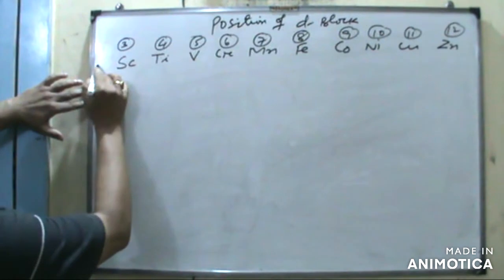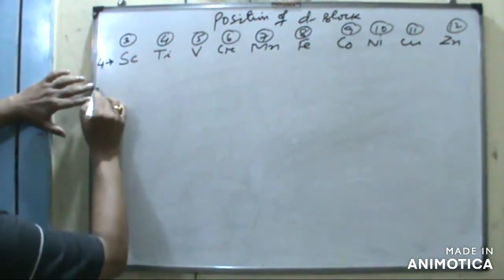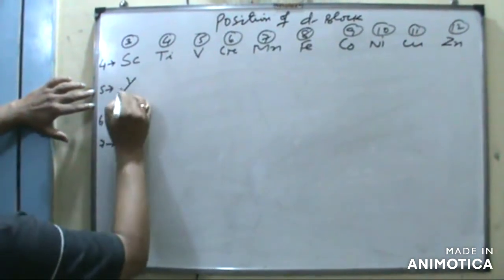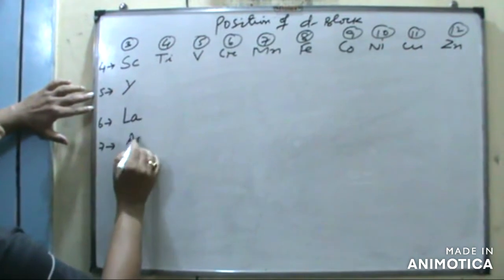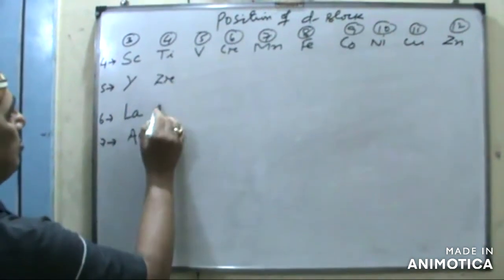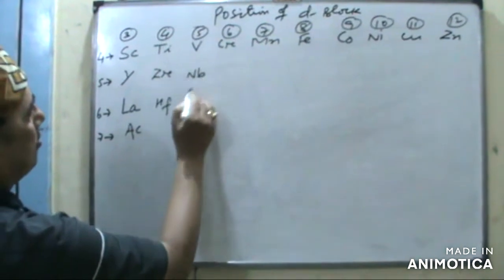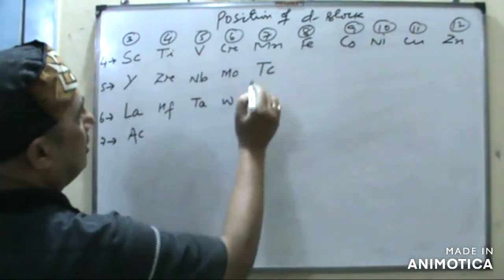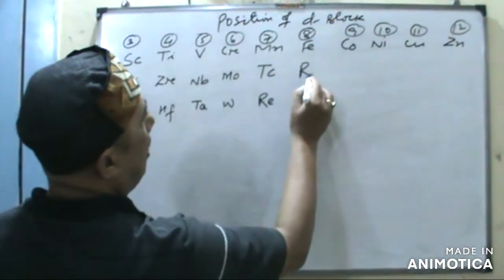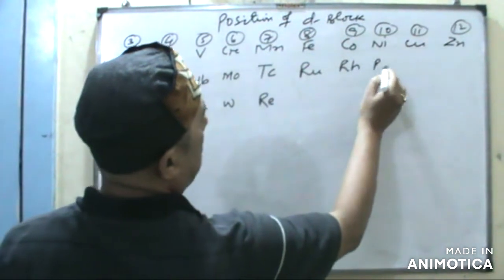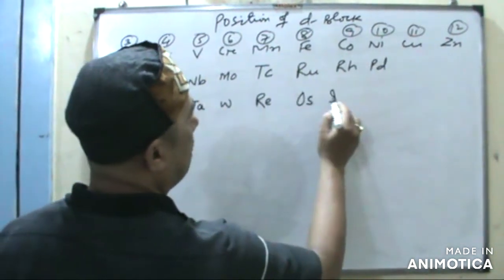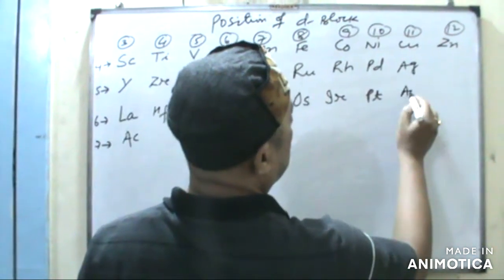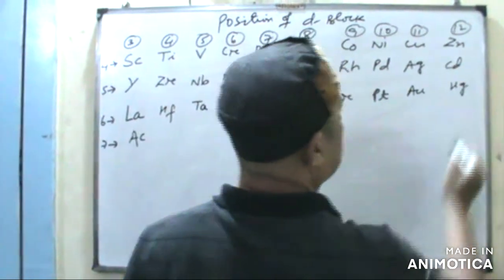These are members of the 4th period. Now 5th, 6th and 7th period: yttrium, lanthanum and actinium, zirconium and hafnium, niobium and tantalum, molybdenum and tungsten, Tc and Re, Ru, Rh, palladium, osmium, iridium and platinum, copper, Ag, Au, zinc, cadmium and mercury.